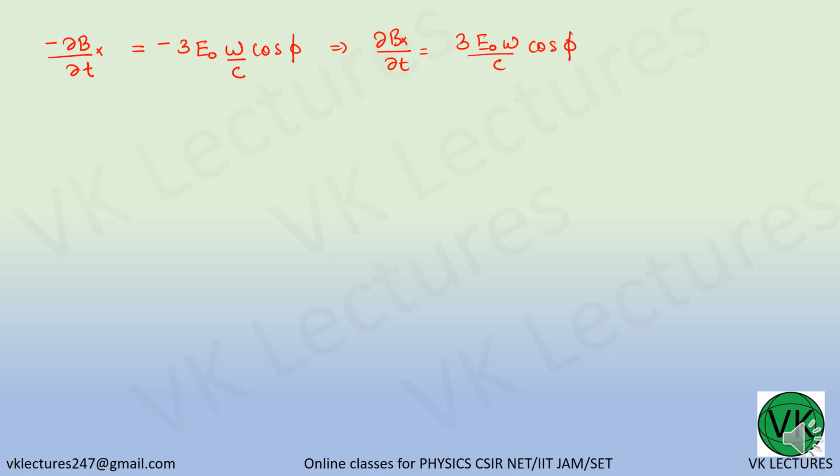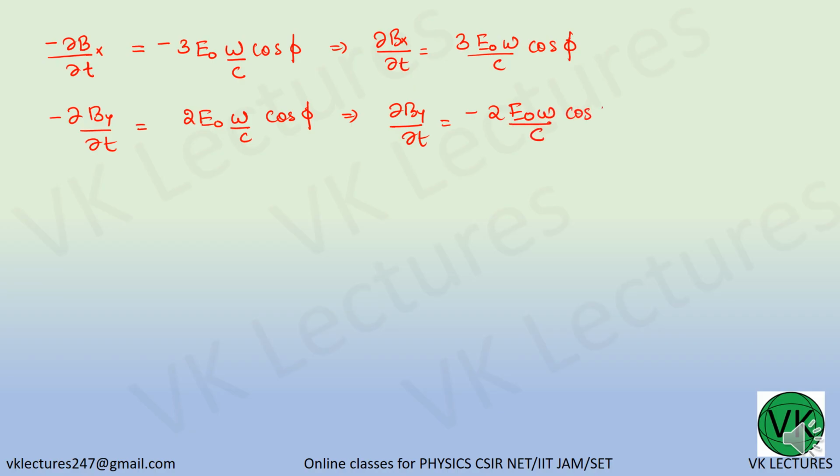Similarly, we have minus dou By by dou t equal to 2 E naught omega by c cos phi, which gives dou By by dou t equal to minus 2 E naught omega by c into cos phi.